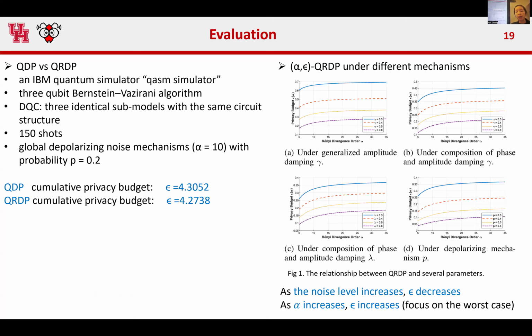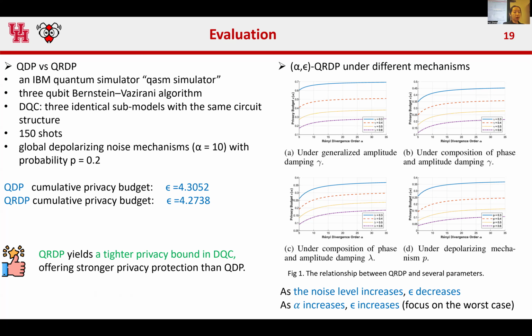I also analyzed QRDP under different mechanisms, for example the relationship between QRDP and noise. As the noise level increases, the epsilon decreases, which means the privacy guarantee becomes stronger. And as alpha, the Rényi order, increases, the epsilon increases, because it focuses more on the worst case; if alpha tends to infinity, it becomes differential privacy.